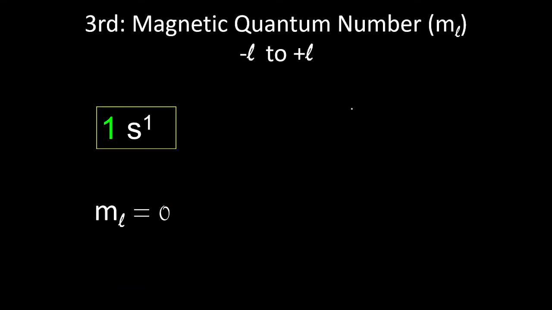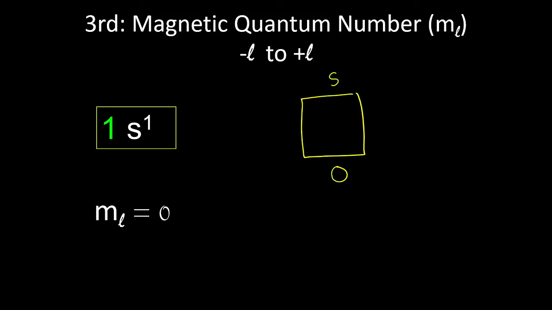If I draw an orbital for an S, 0 is all I can put. So there are no other options. I cannot write positive 1 or negative 1 because the only value for the S orbital is the number 0. So that is our value for the magnetic quantum number.